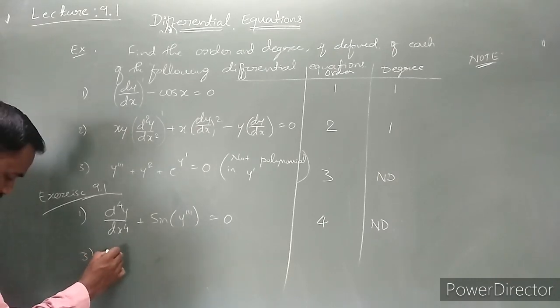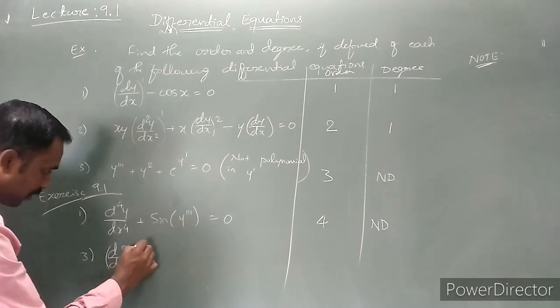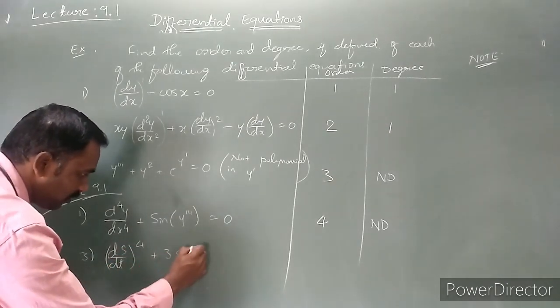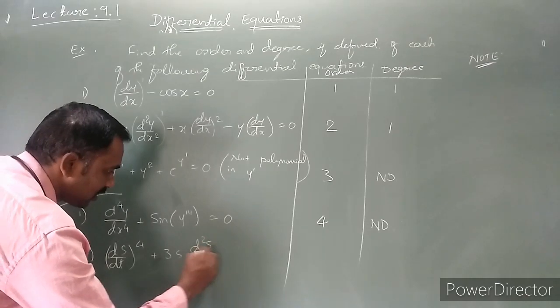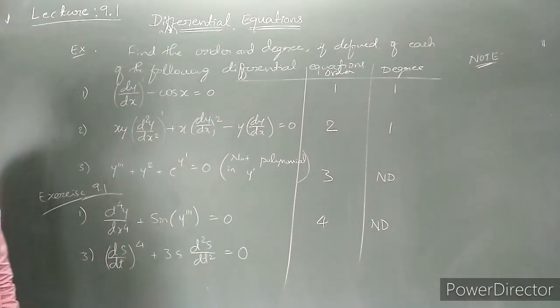Third example I just take: (ds by dt) power 4 plus 3 into s d square s divided by dt square is equal to 0.